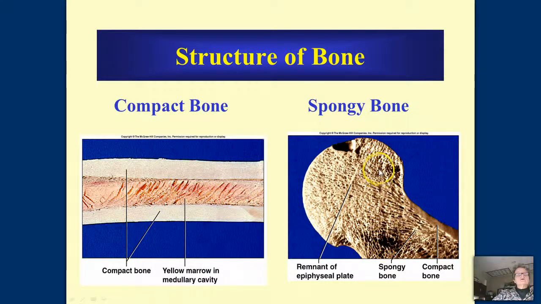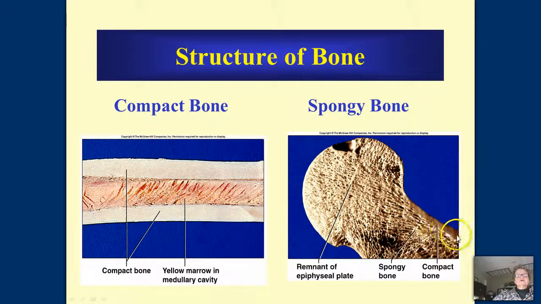Okay, now here is the spongy bone of the proximal epiphysis, and it looks very spongy here. It would have red marrow, so if you were asked on a lab practical or lab quiz what's found here, yes, it is spongy bone, but spongy bone would contain the red marrow for hematopoiesis.